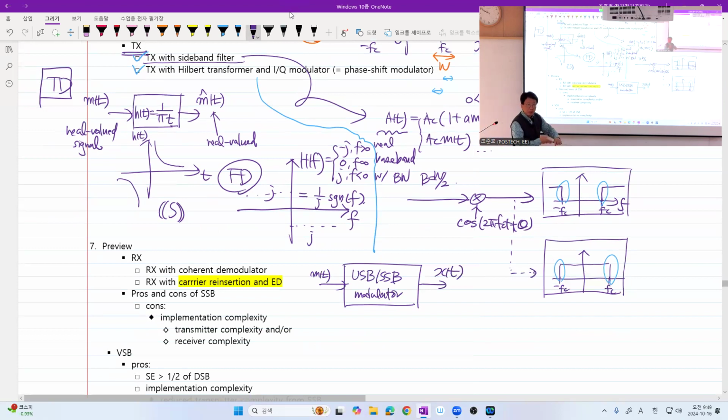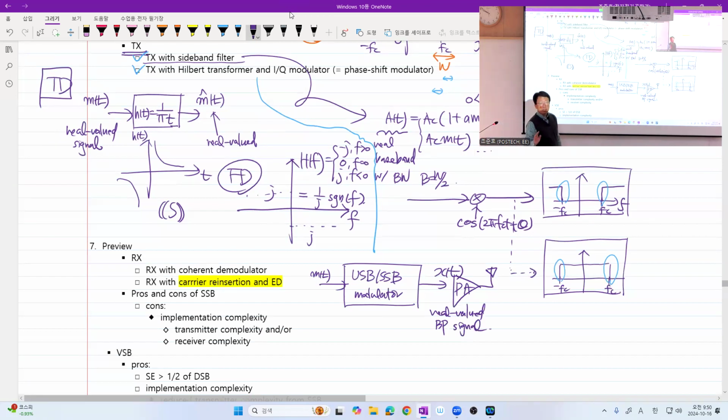Now, question. Suppose this is our speech signal or voice signal or acoustic signal converted to an electrical signal using a microphone. What should be the output here, at the input to the power amplifier in the transmitter? We model this as a real-valued bandpass signal. Got it? So X is a real-valued bandpass signal, or passband signal if you want.